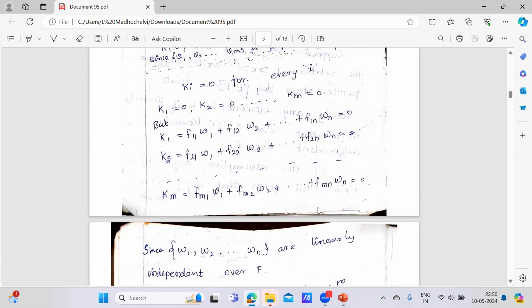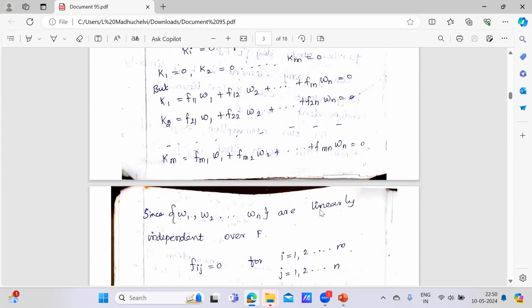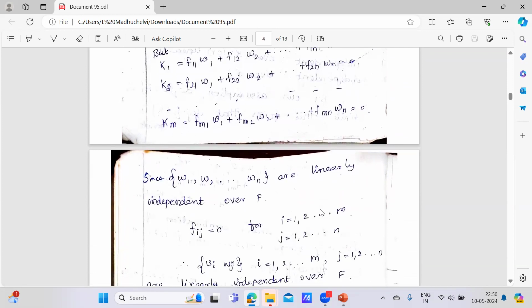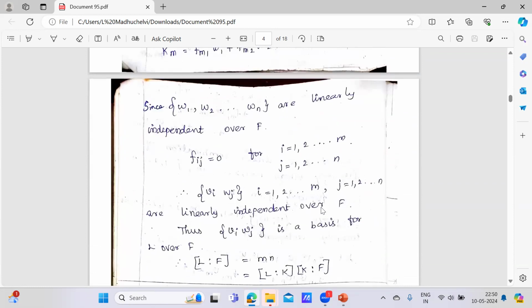K2 equals F21 W1 plus F22 W2 plus etc. plus F2n Wn equal to 0, and so on. Km equals Fm1 W1 plus Fm2 W2 plus etc. plus Fmn Wn equal to 0.